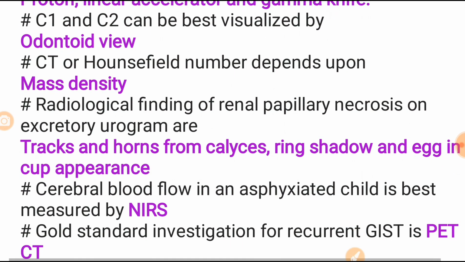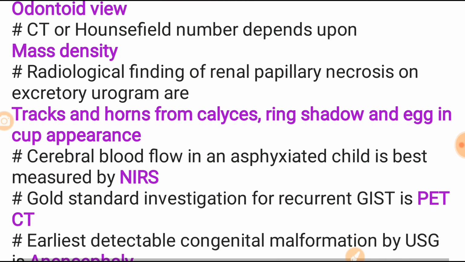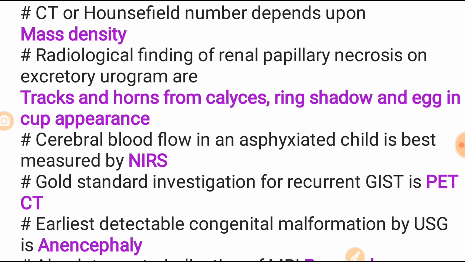Next one is CT or Hounsfield number depends upon the mass density. Remember that the Hounsfield number or Hounsfield unit is for CT scan detail. CT scan was discovered by Hounsfield.